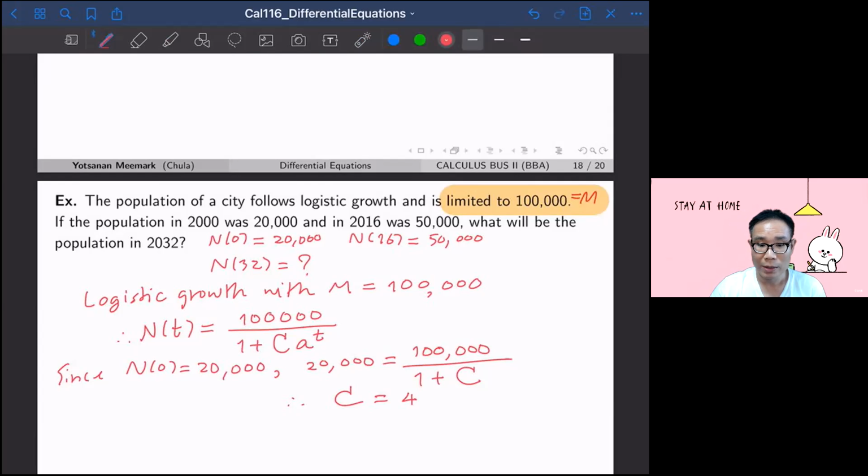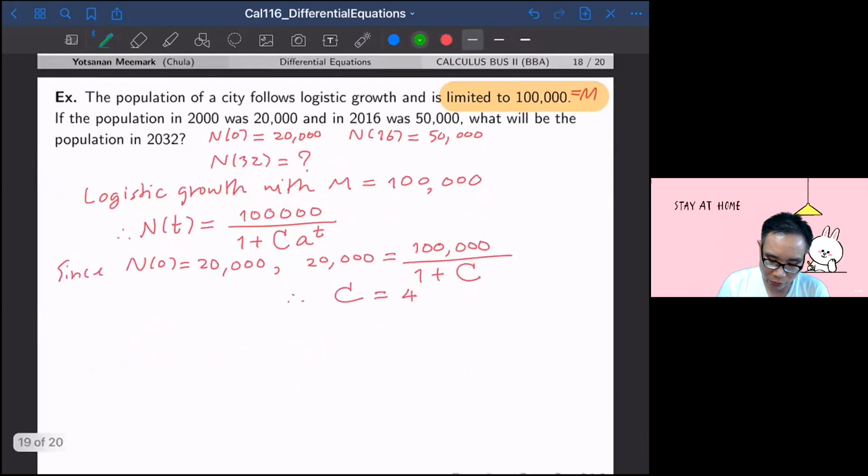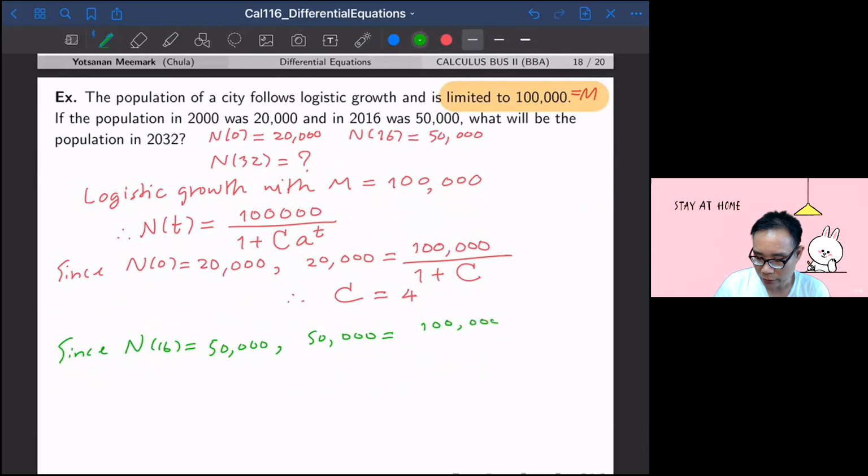So after you have C equal to 4, you're going to use another condition. So you have N16 equal to 50,000. So you have 50,000 equal to 100,000 over 1 plus 4 a to the 16.